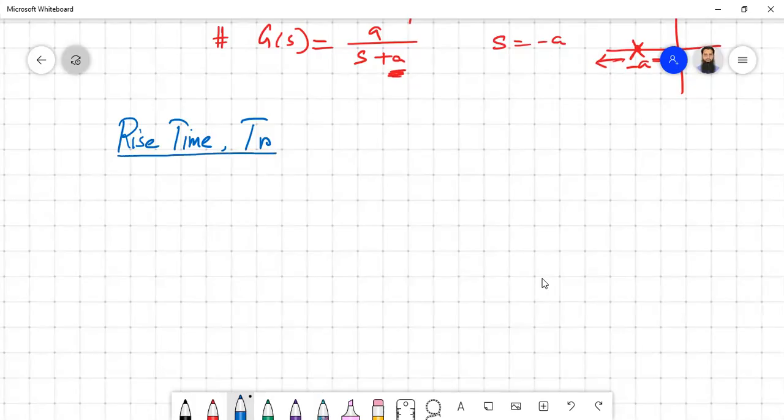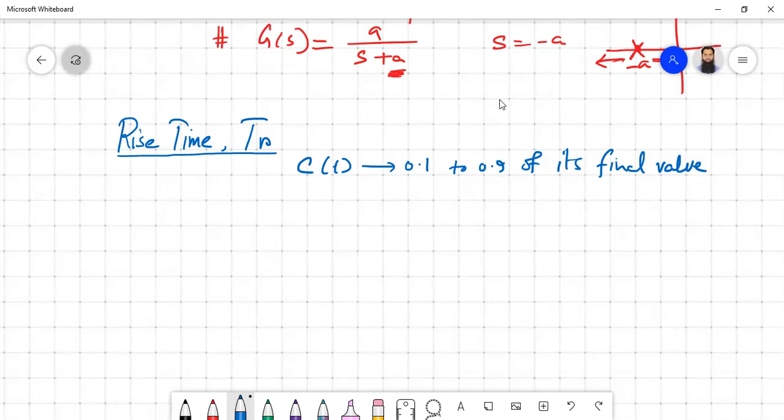The definition of the rise time is the time it takes for C(t) to go from 0.1 to 0.9 of its final value. Okay, of its final value. So this is your definition of the rise time.